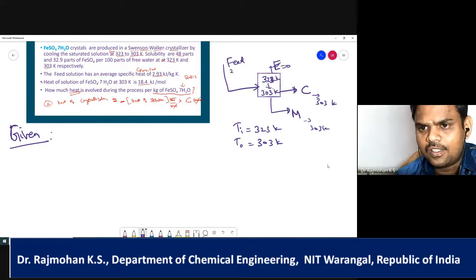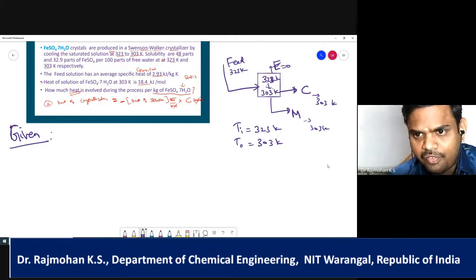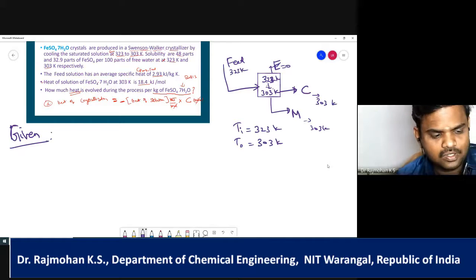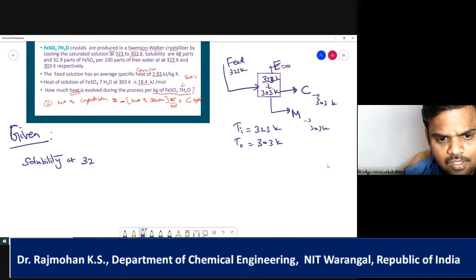The feed is entering at 323 Kelvin, and the feed solubility is given. At 323 Kelvin, solubility is given as 48 parts per 100 parts of water. That way I can calculate XF, the mole fraction of FeSO4 in feed, which will be given by the solubility data only, right?